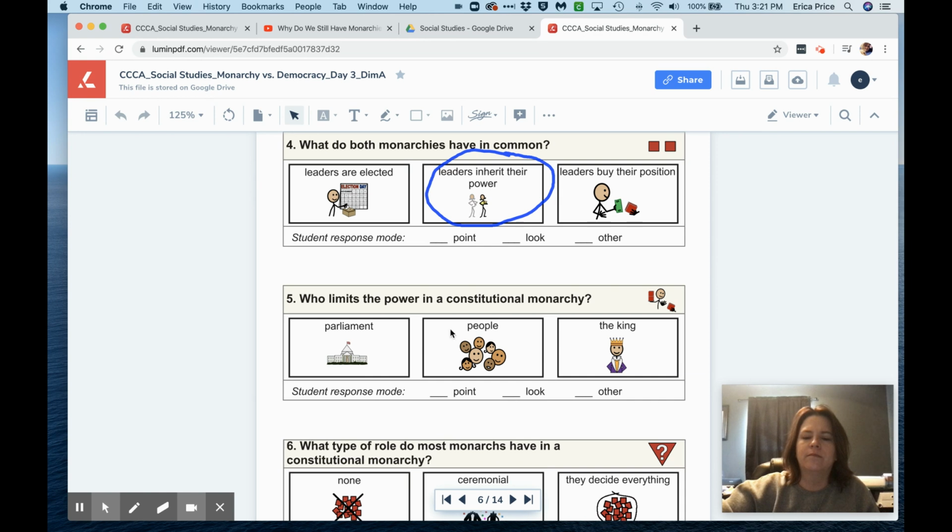Parliament, the people, or the king? Write your answer down. We're getting ready to go back in the story and find it.